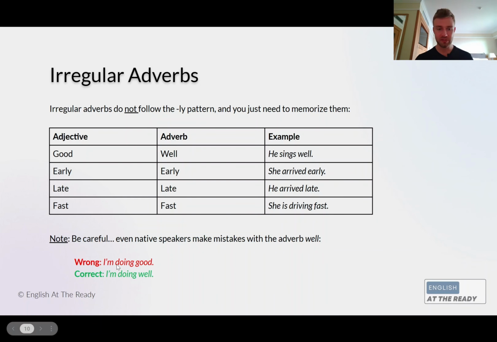So we do not say, I'm doing good. We say, I'm doing well. Okay? I'm doing well. That's very correct English. And again, not all native speakers know this, but the ones that do know it will think very highly of you if you get this correct.